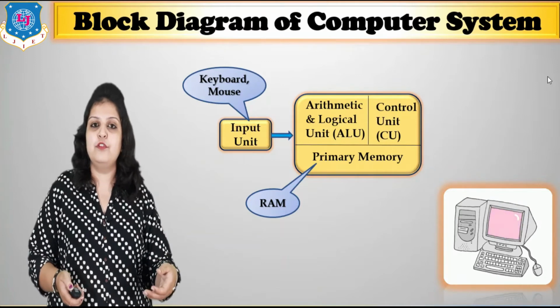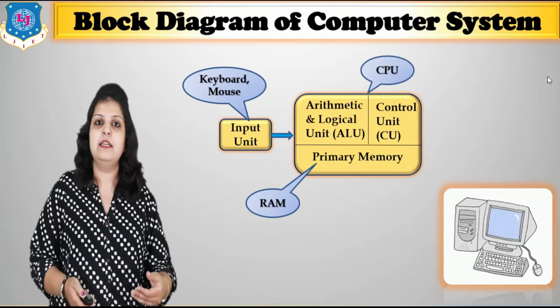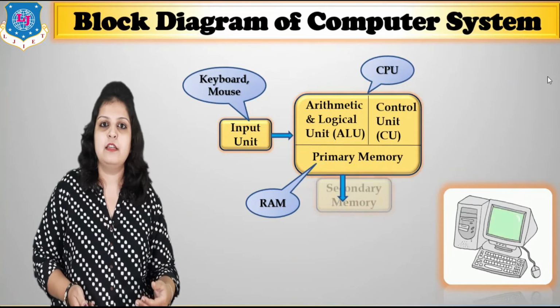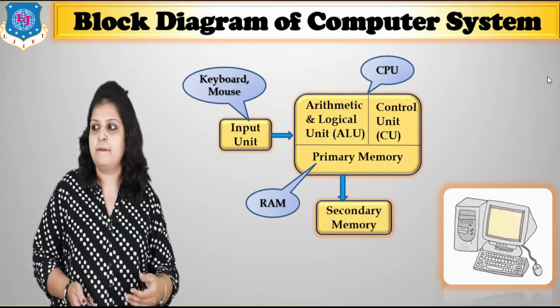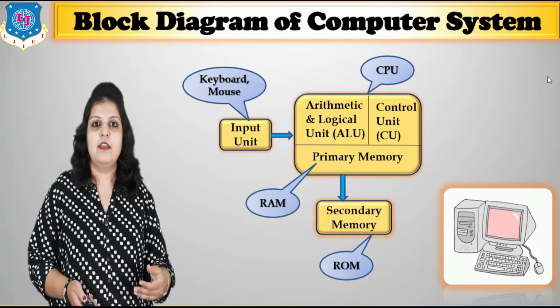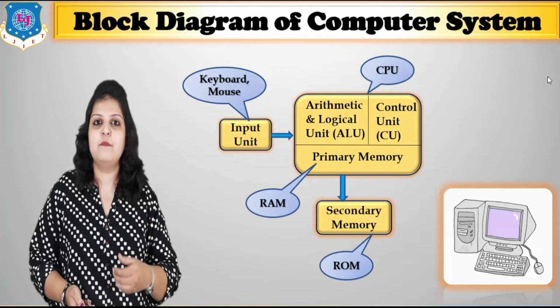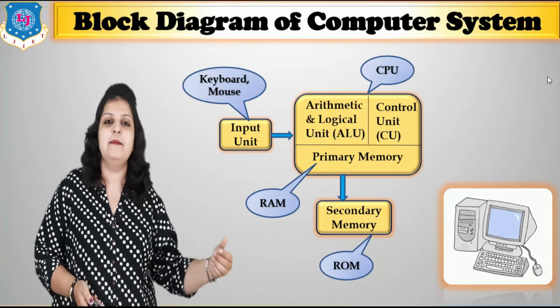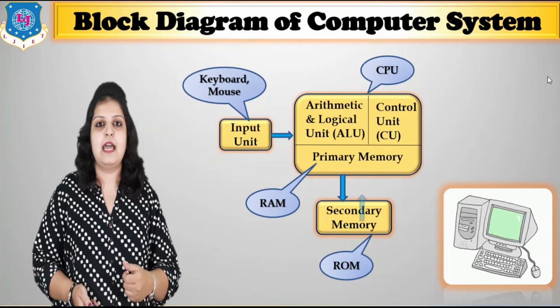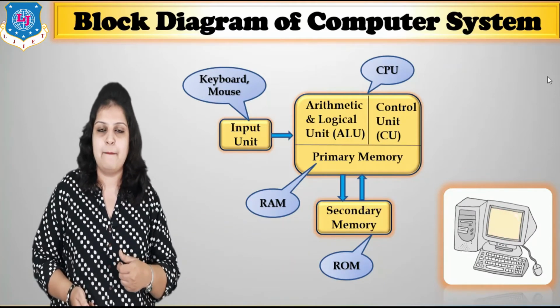If you want to store your file permanently, then it will stored in secondary memory. And secondary memory is also called as ROM. The full form of ROM is read-only memory. Hard disk is the example of our secondary memory.